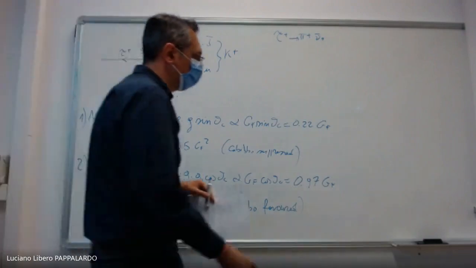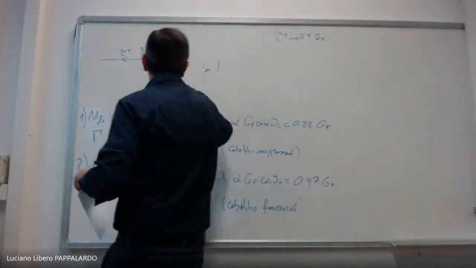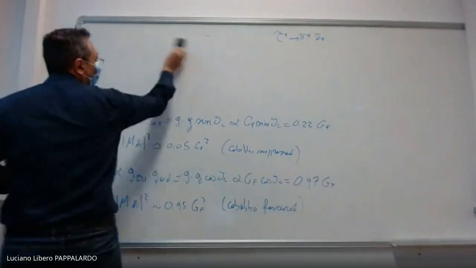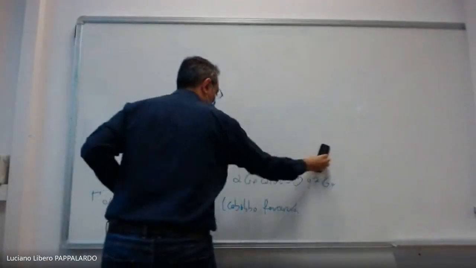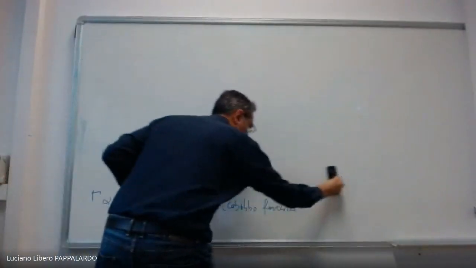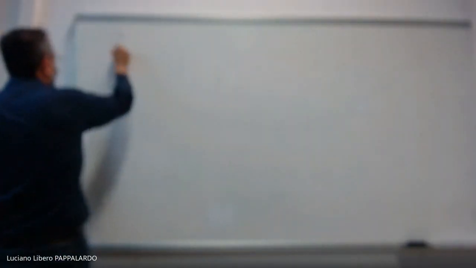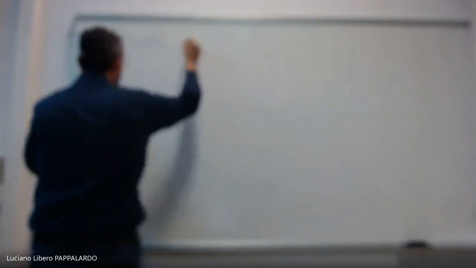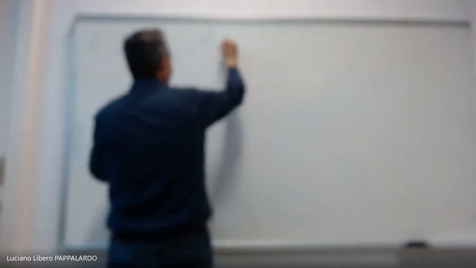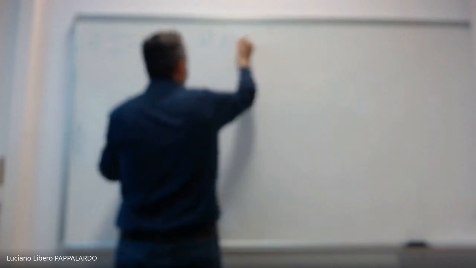Okay, very quickly, let's solve two other similar problems. Well, the second one is: say which decay is suppressed between the Xi_c minus into Lambda zero pi minus and the decay into Lambda plus pi.